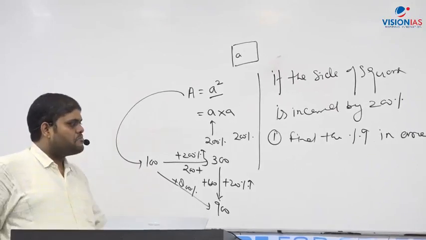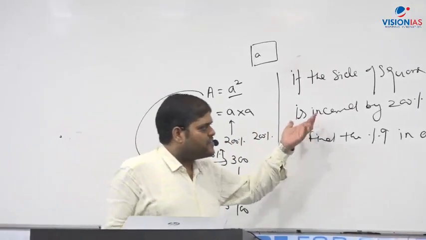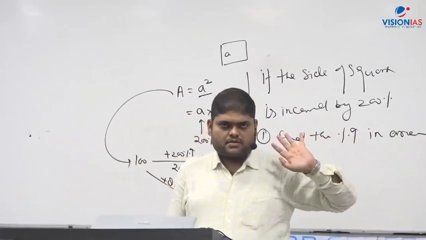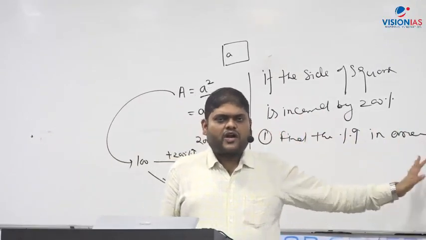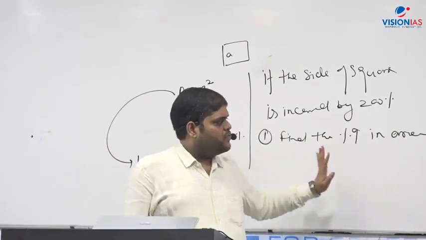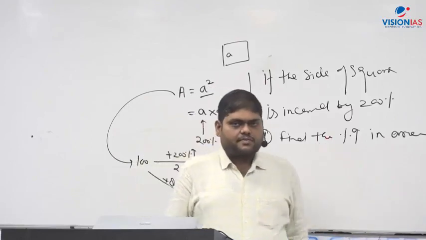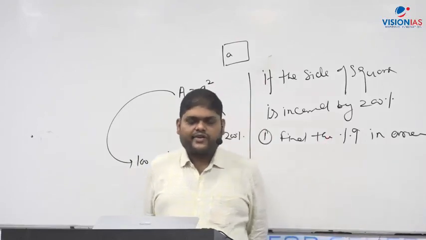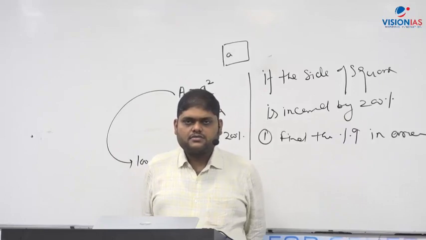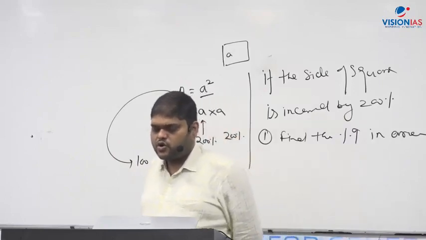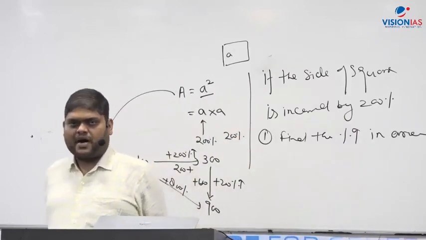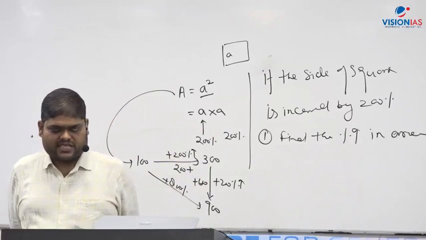This is one of the most difficult problems which can come on this concept. Are you getting my point or not? So slowly, I told you, you become master of mathematics, at least of percentage.